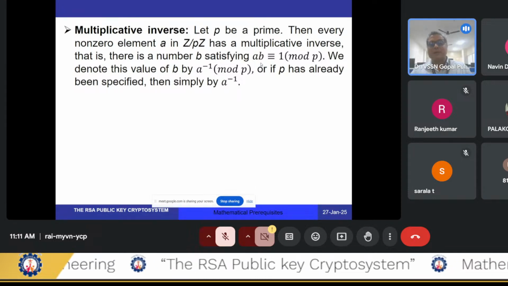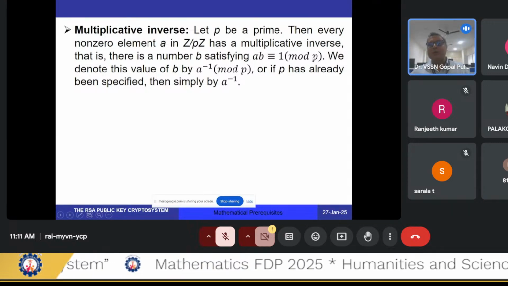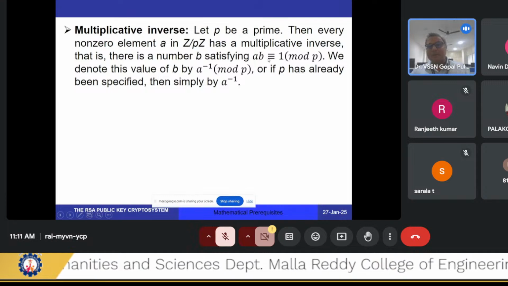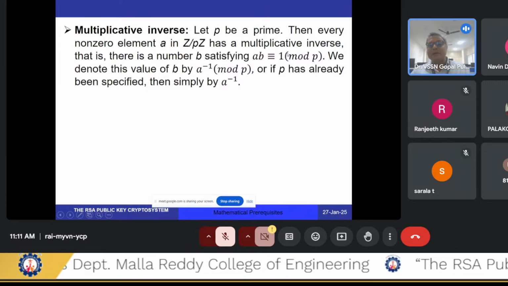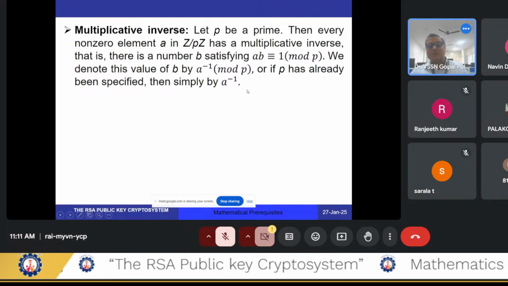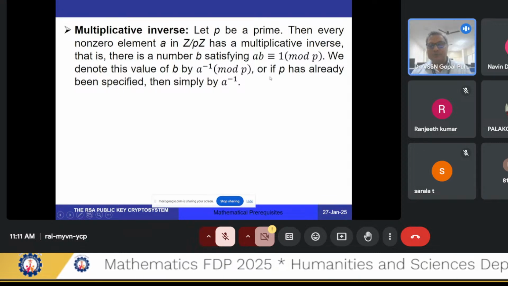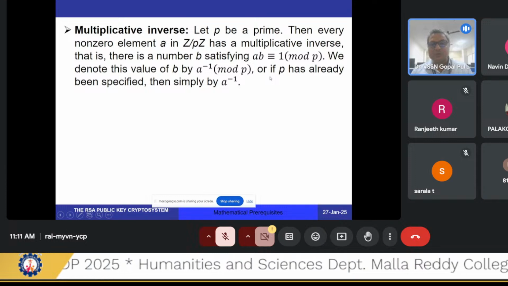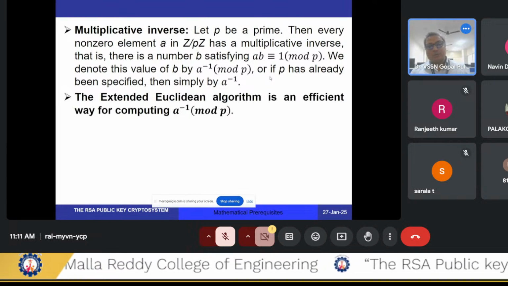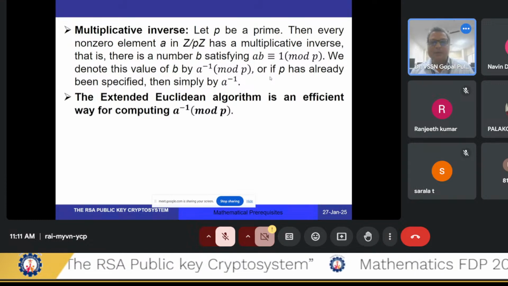In the same manner, if ab is congruent to 1 mod p, what is the meaning? If we divide this product ab by p, the remainder we get is 1. In this instance, we say b is the inverse of a. I just want to highlight this point.